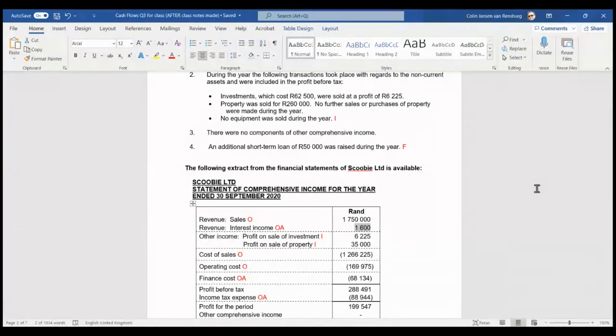Once we've determined the interest income, and this is also going to form a little pattern for us, we have to go back to our statement of financial position. Why?